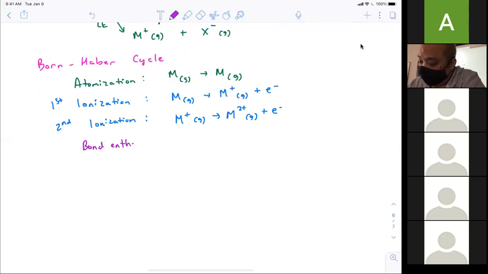Bond enthalpy, like we said before, is taking a bond and breaking it, and those are both in gaseous state.